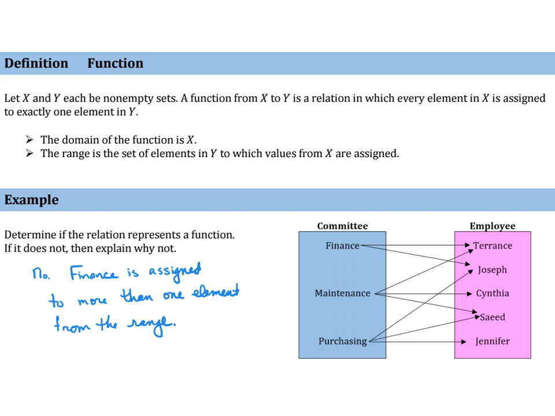We just need one example or one counterexample to show that it's not. Or you could just simply say there are elements from the domain that are assigned to more than one element from the range. We don't have to be specific. I like to be specific, though, whenever I give my counterexample.